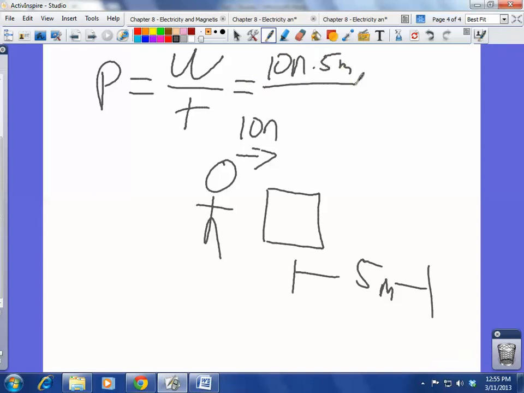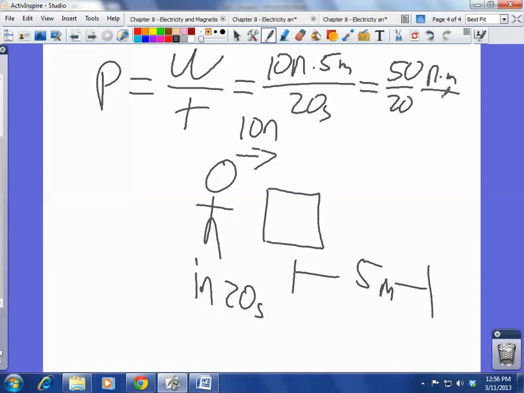But if I took this one more step and said it took this person 20 seconds to do this, his power would just be that 50 newton meters divided by 20 seconds, or 50 over 20 newton meters per second, or 2.5 joules a second. What's a joule a second? Watt. Okay? So 2.5 watts.